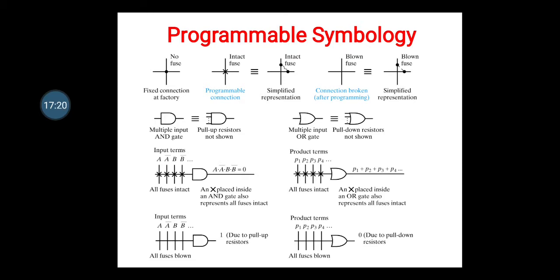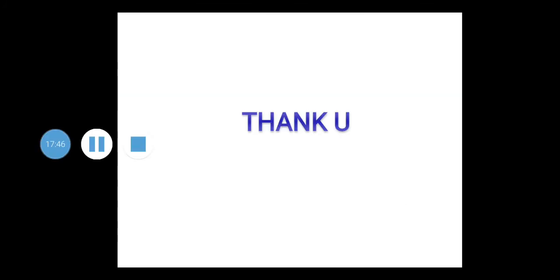If an OR gate is there, then a POS equation is generated, and if an AND gate is there, an SOP equation is generated. Sorry, if an AND gate is there, AND operation takes place, and with an OR gate, the plus operation, that is OR operation, takes place. This is programmable symbology. So that was all about PLDs.